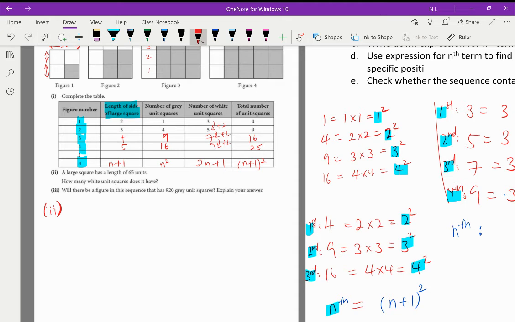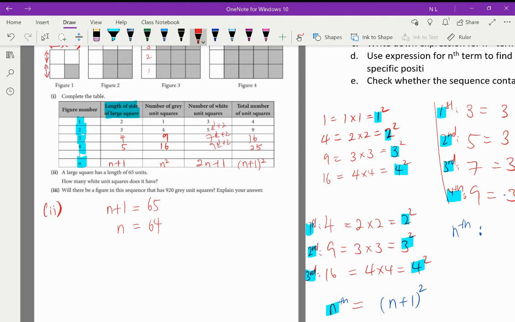We need to find out which figure we are looking at. I let this figure be n. I use the length of the side of the large square expression, n plus 1, and equate it to 65 units. To find n, this gives me 64. So the figure number that we are looking at is figure number 64.